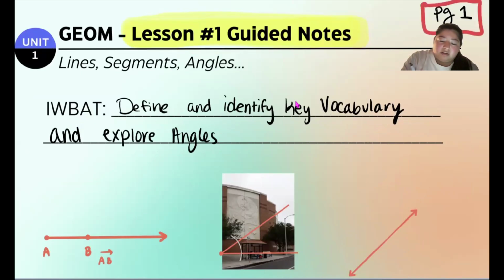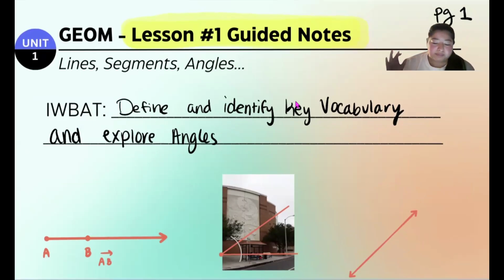We are all starting on page 1. So we are going to label this as our first page, page 1. Okay? And on the first line of our page, we will be able to define and identify key vocabulary and explore angles.